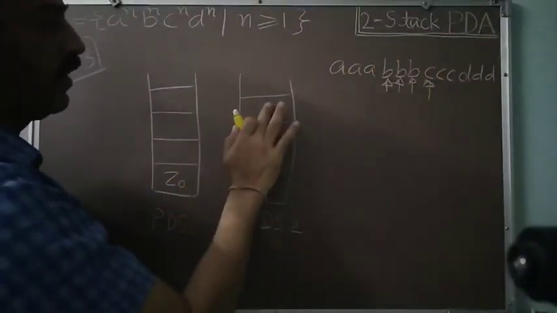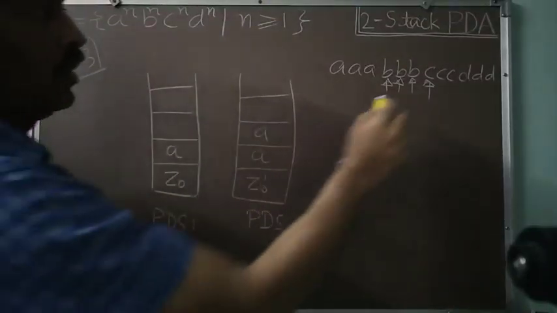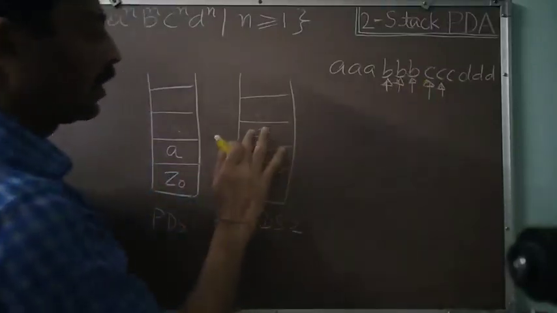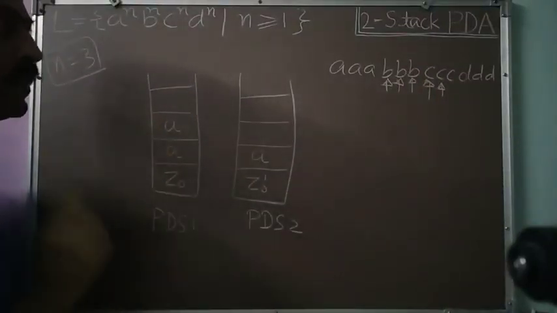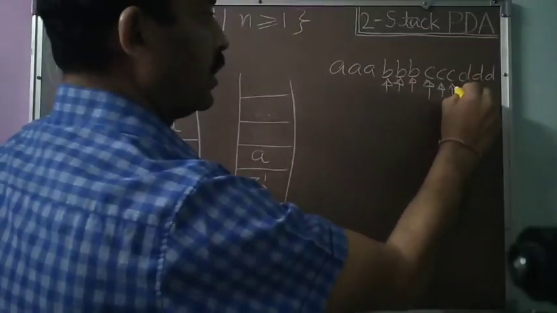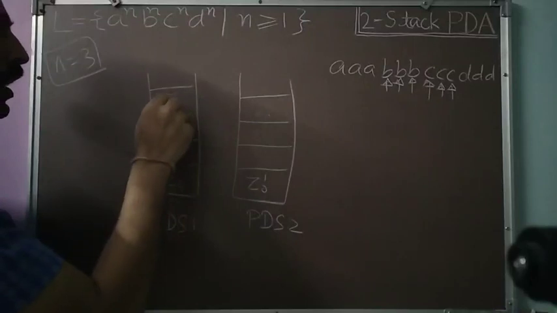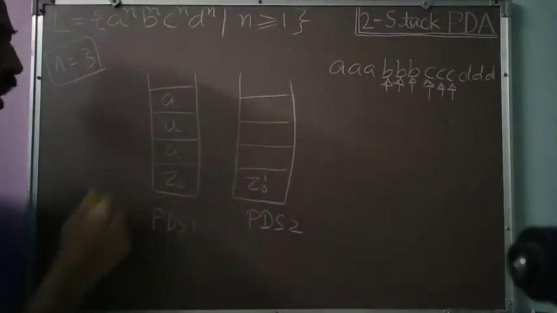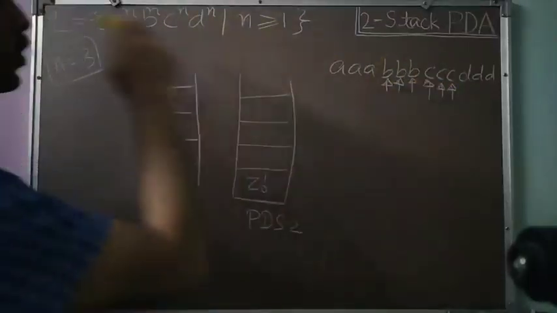I will get the first C, I will remove this A and push it on the PDS 1. Now I will get the second C, so I will remove one A from the PDS 2 and push one A over the PDS 1. Now I will get the third C. I will remove one A from the PDS 2 and push one A on the PDS 1. So I have successfully matched the C's also with the A's.